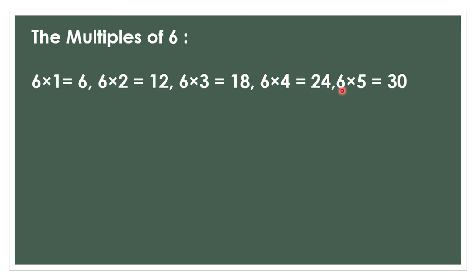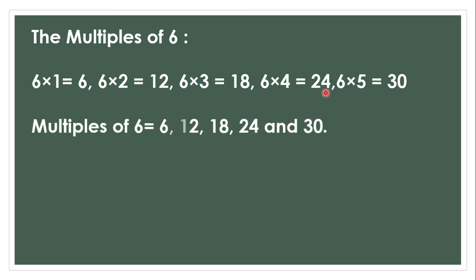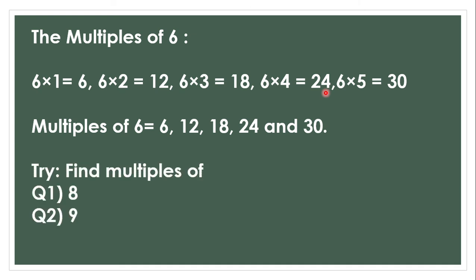And here the multiples have no count, they will be countless. So if I ask you to write 100 multiples also, you can write. Multiples of 6 will be 6, 12, 18, 24, 30. And if I ask for more multiples also, you can write in the same way. So multiples are quite easy compared to the factors.